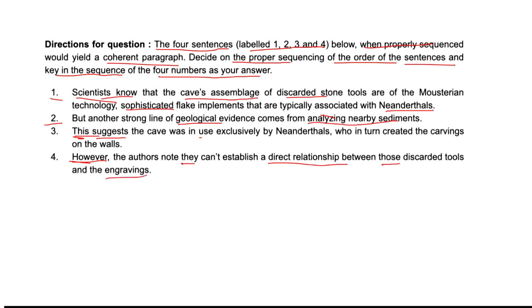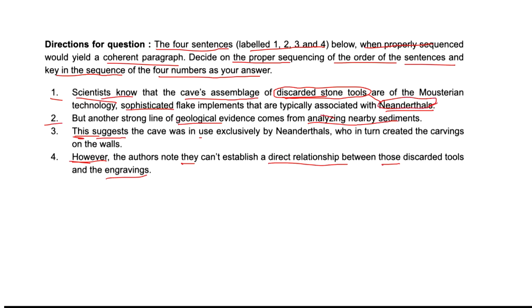Now, if you look into that, sentence 1 establishes the context by introducing the stone tools, isn't it? Discarded stone tools, associated with what? Associated with the Neanderthals in the cave. This sets the stage for the discussion about Neanderthals, isn't it?